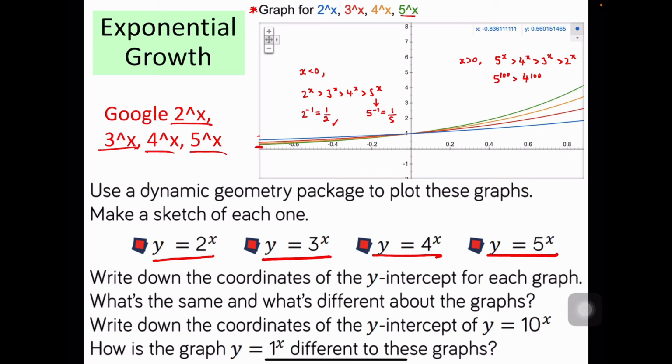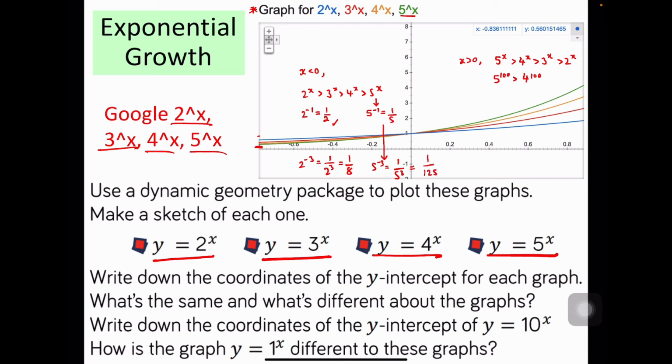If you were to extend it and make the values even smaller, let's say 2 to the negative 3, that equals 1 over 2 cubed, which is 1 over 8. And compare it with 5 to the negative 3, it's 1 over 5 cubed, which equals 25 times 5, so 125.